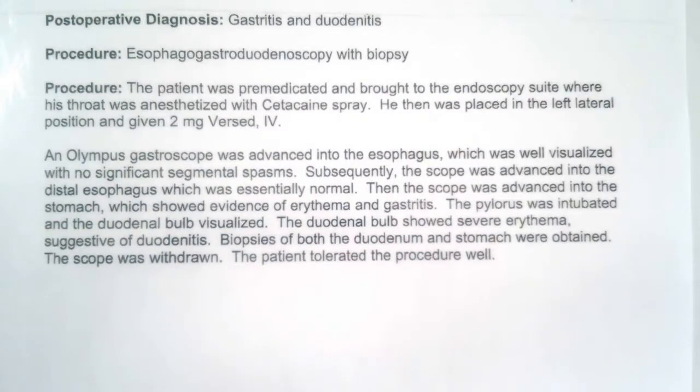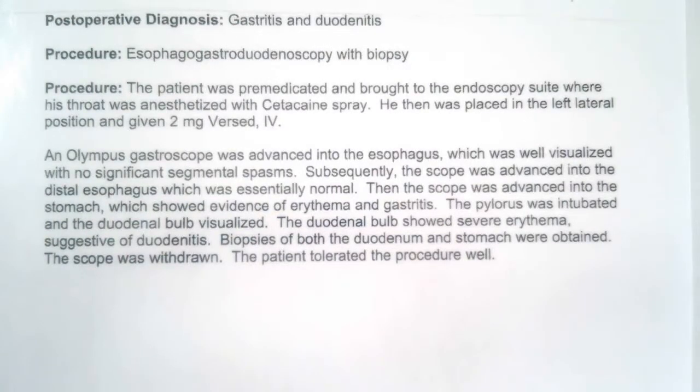In this case, the provider is inserting a scope into the esophagus and is advancing the scope down to the stomach and the duodenum, and they do a biopsy. You must understand what you are coding before you can dissect your operative report and build your ICD-10 PCS code.